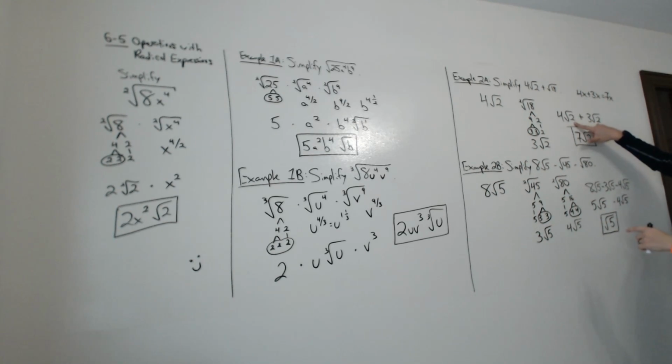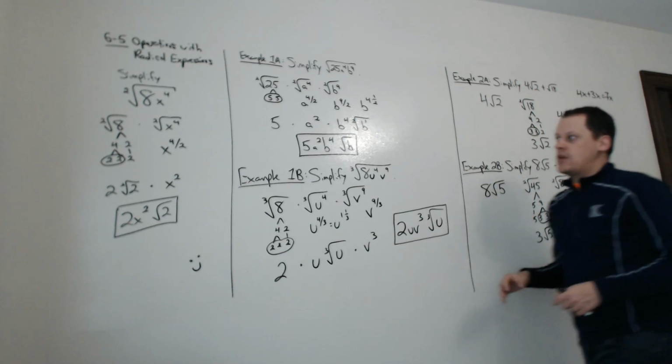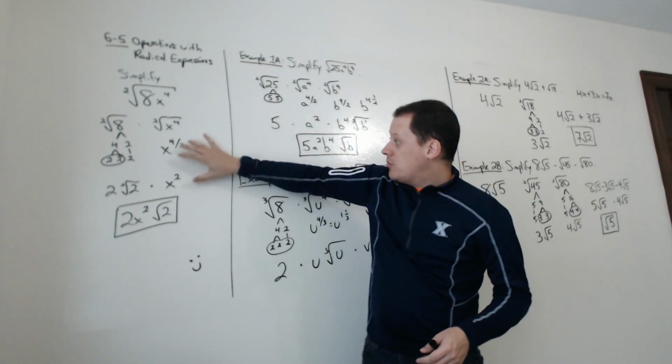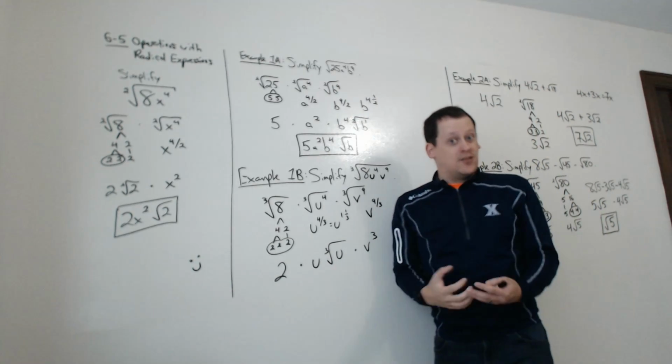And then if your numbers inside the roots are the same, you can add or subtract the numbers on the outsides.